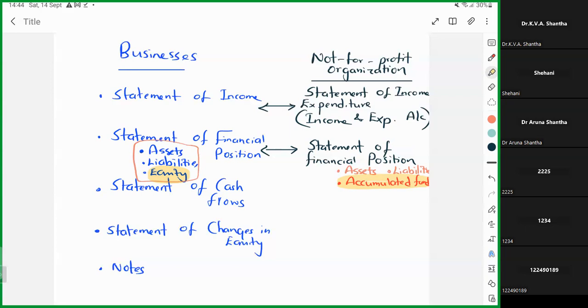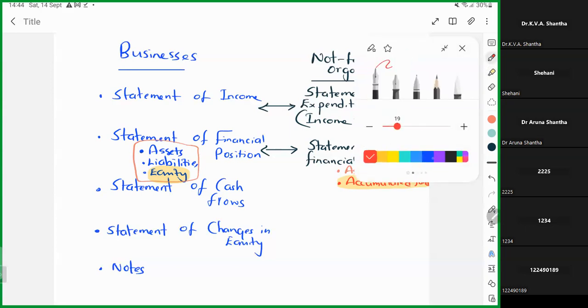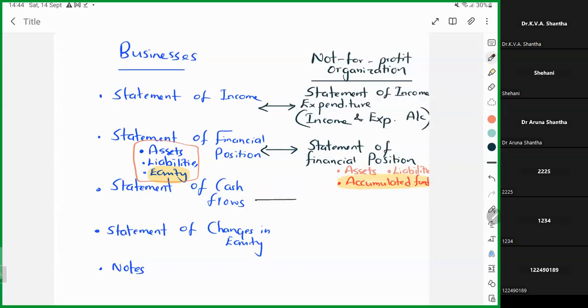Then the statement of cash flows. Similar to businesses, these organizations prepare a receipts and payments account.